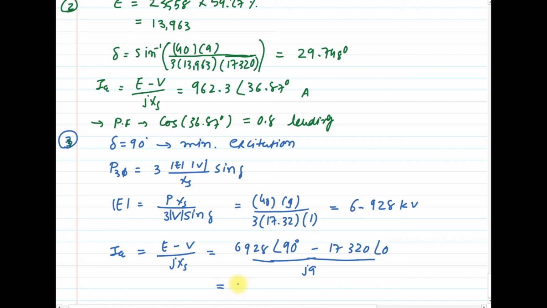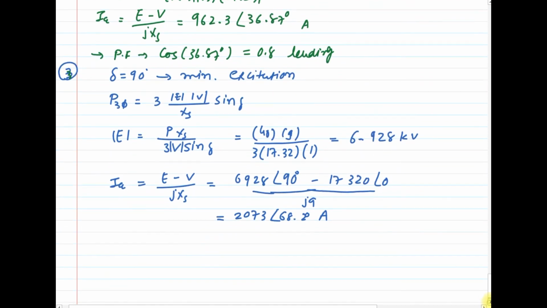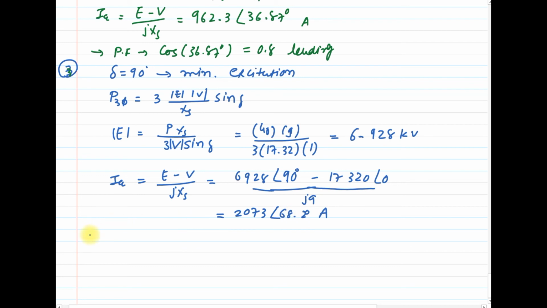So the final answer for the armature current in this case is 2073 with an angle of 68.20 degree. Clear? So with this angle, the power factor for case 3, which is cosine of 68.2 degree, we will get 0.37, and it is positive, which is leading.